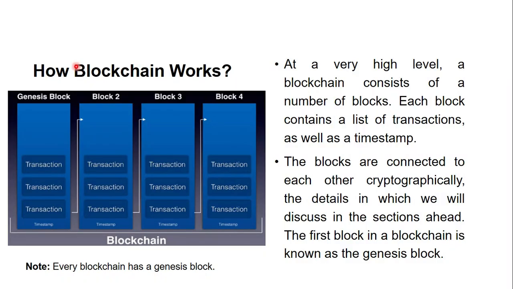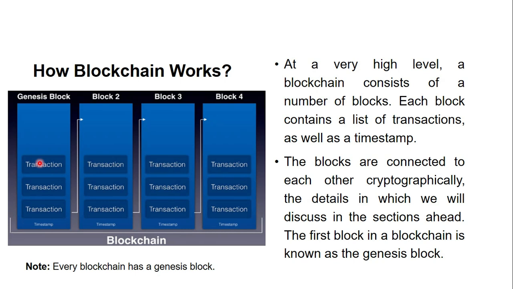Now let's see how a blockchain works. This is our blockchain. The first block is our Genesis block. Then there comes block number 2, block number 3 and block number 4. At a very high level, a blockchain consists of a number of blocks. Each block contains a list of transactions, and however many transactions you record, it will contain those.